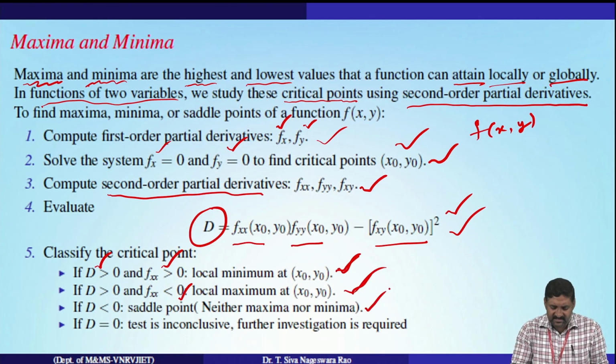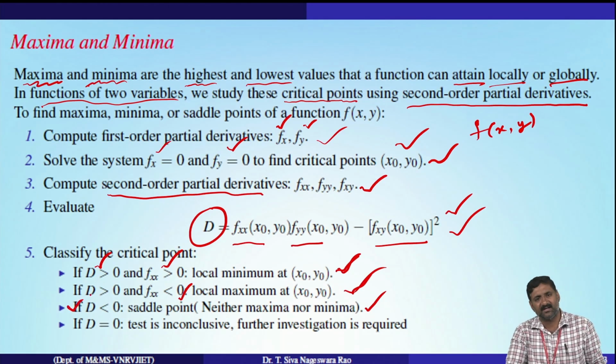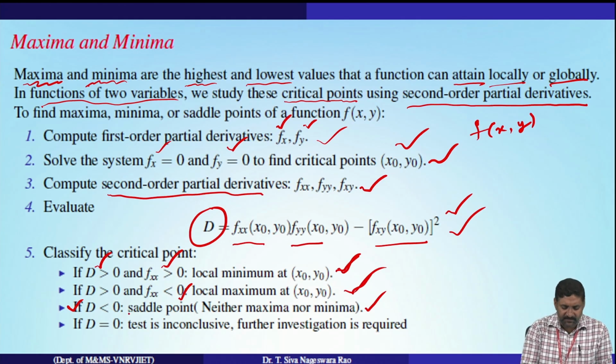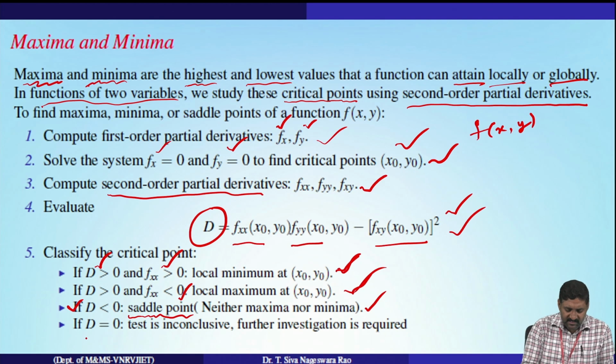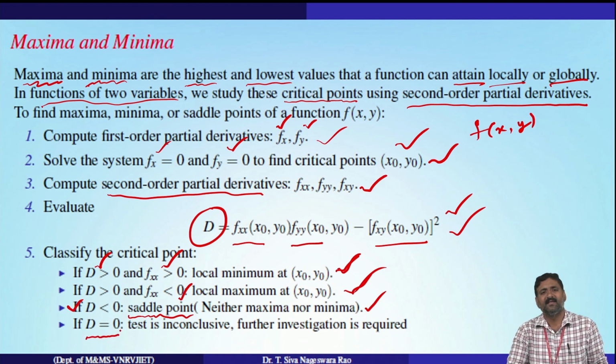Coming to the third condition, if D is less than 0 at a point x0 comma y0, then the function has neither maxima nor minima. Such points are called saddle points. Suppose D is equal to 0, then further investigation is required.